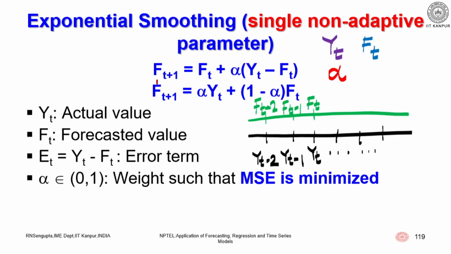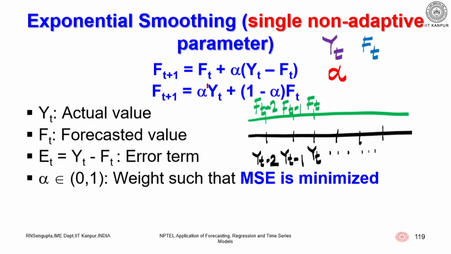So, I want to find out f t plus 1 for the next time period, considering I am standing today, and I also have the actual value for today, which is y t, and also have the forecasted value based on the past data, which is f t. So, I will assign weights, and this is where the weight concept of non-adaptive comes.